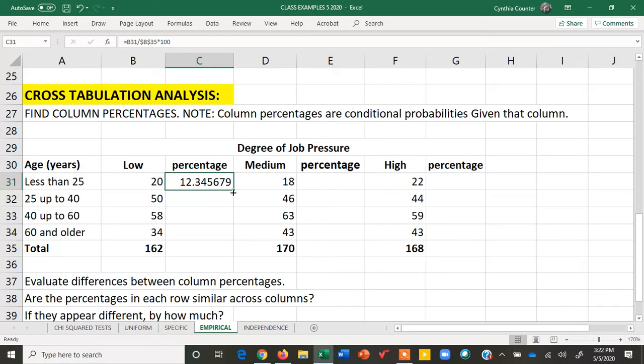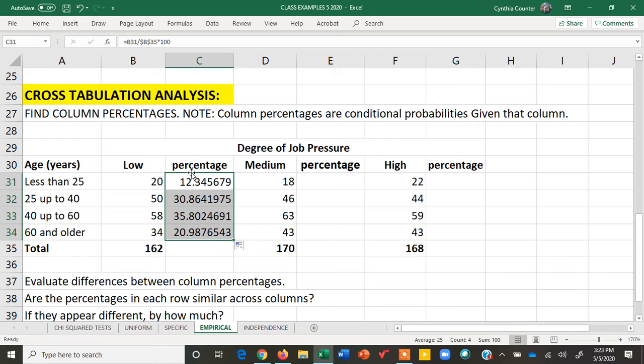So 12.3% for less than 25, and 20.98% for 60 and older. So notice these are the percentages of the independent variable, in this case low, that were in each of the dependent variables, so each row category.